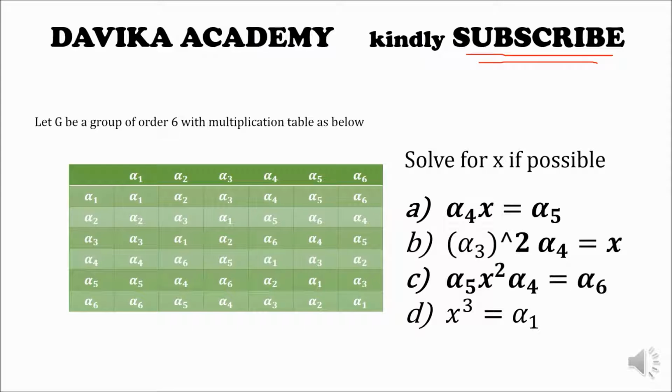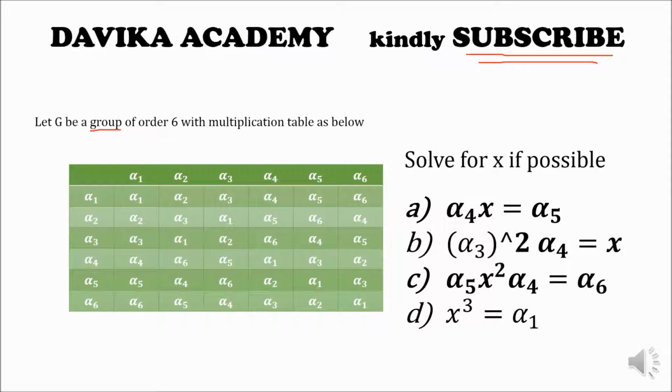We have been looking at group theory, and more so the elementary properties of a group. Mostly we were practicing on the uniqueness of the inverse of a given element in a group.